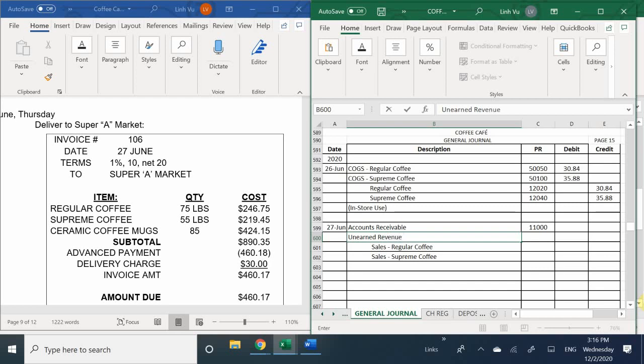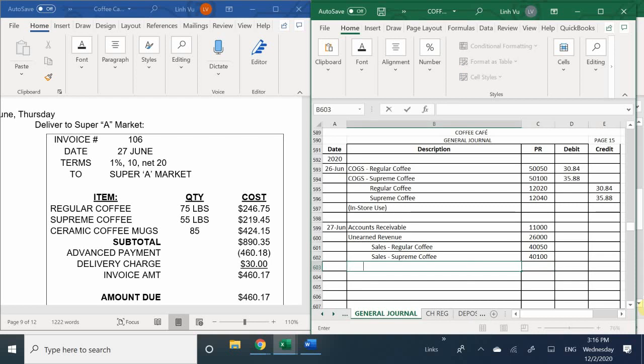So, to reverse a liability, we originally credited it, so now it's a debit. Okay. And it's still the 26,000 account number. Okay. And then I did regular coffee, supreme coffee, and then we have the ceramic. Did we sell ceramic coffee mugs to them? Yes, we did.